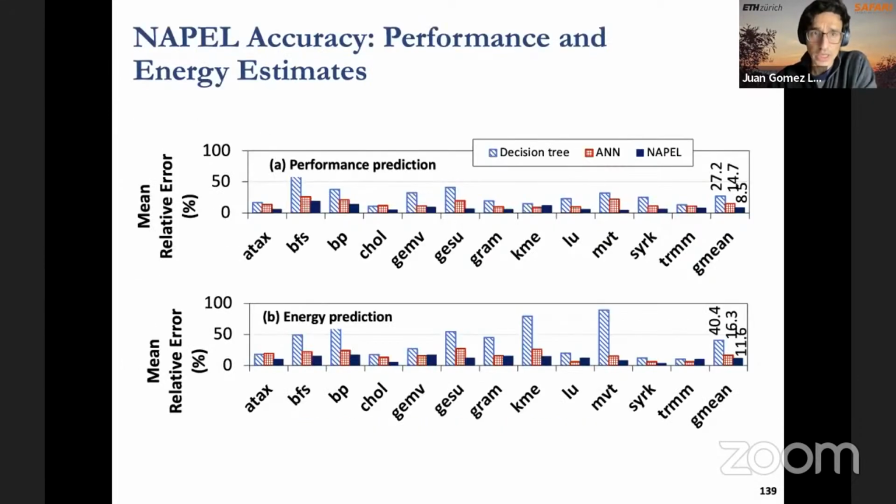Here you can see the NAPEL accuracy in terms of performance prediction, and also the energy prediction. NAPEL is the darker blue bar. In almost all cases, NAPEL performs better than decision tree and an artificial neural network. So as you see, it is pretty accurate for the performance and energy estimates.